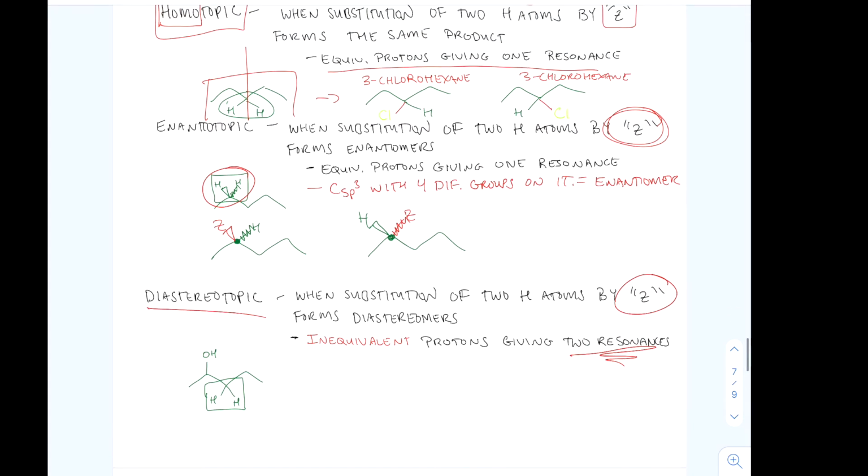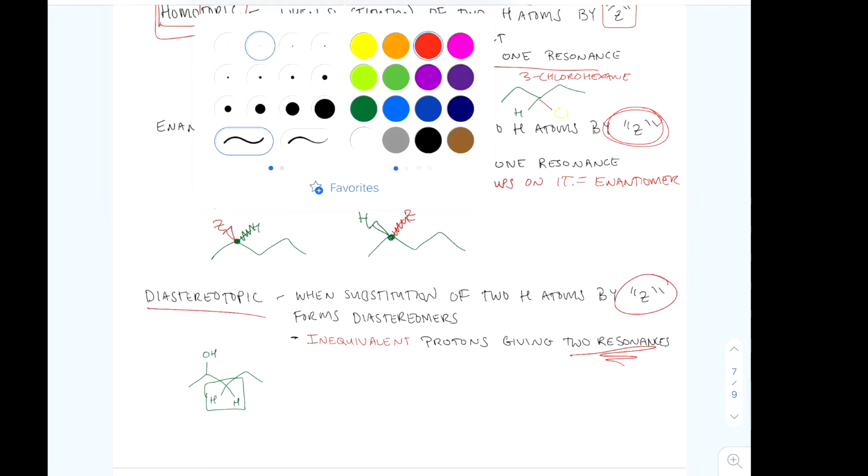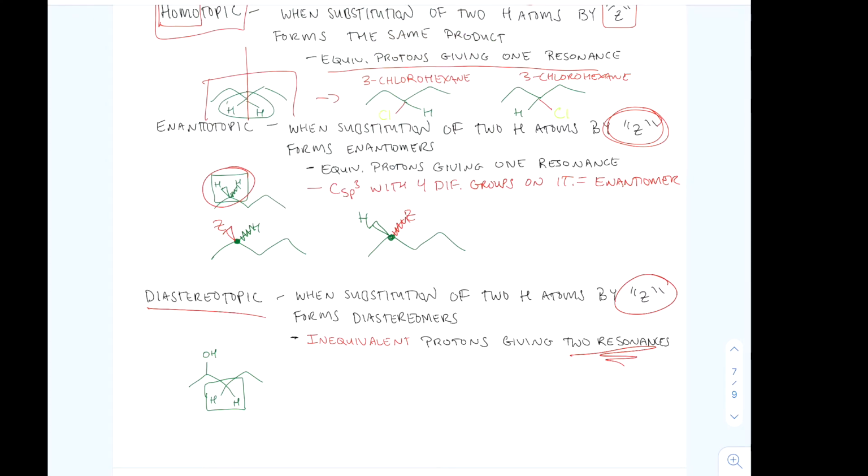Now, really what we're looking at is some compound. And now I'm just going to give it some wedges and dashes, just so that we're very clear as to what's going on.